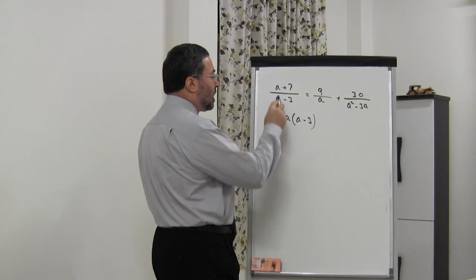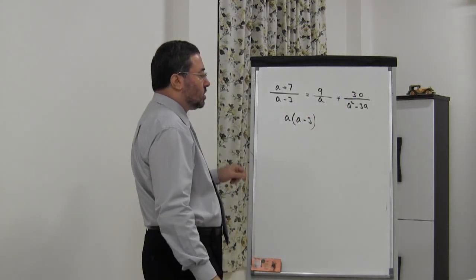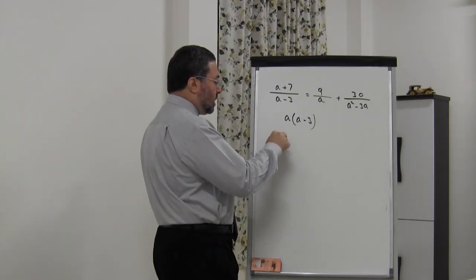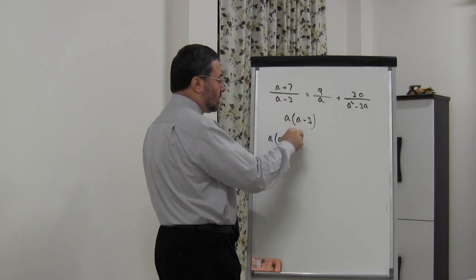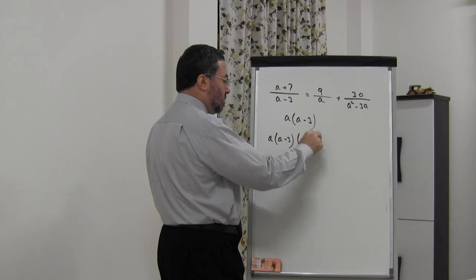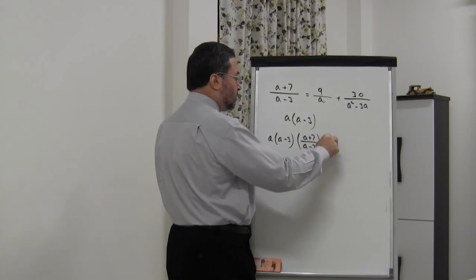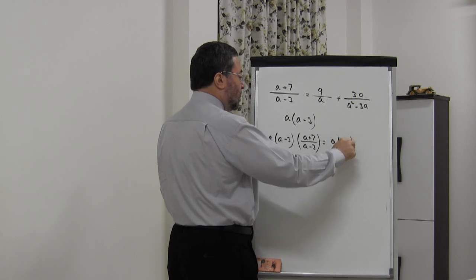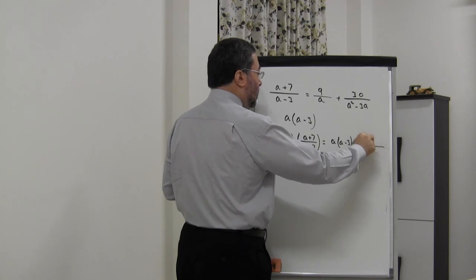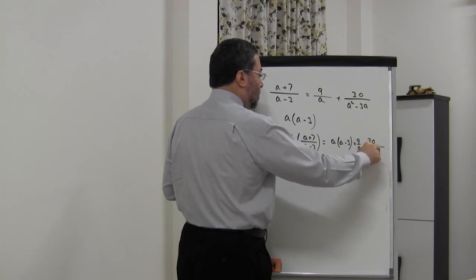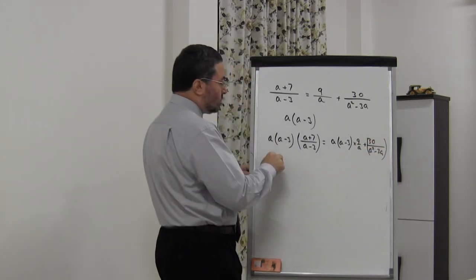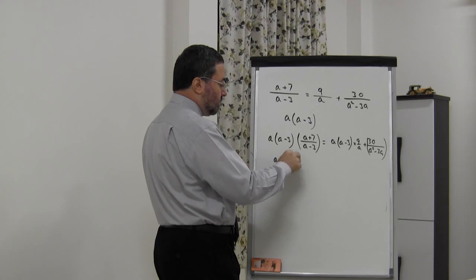So now we are going to multiply every term of the equation with this LCD. So a into a minus 3 times this equals a into a minus 3 times 9 over a plus 30 over a squared minus 3a times a into a minus 3.